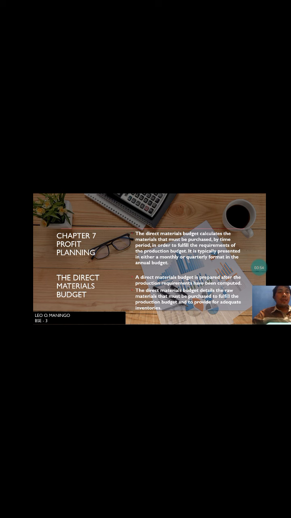The direct materials budget details the raw materials that must be purchased to fulfill the production budget and to provide for adequate inventories.